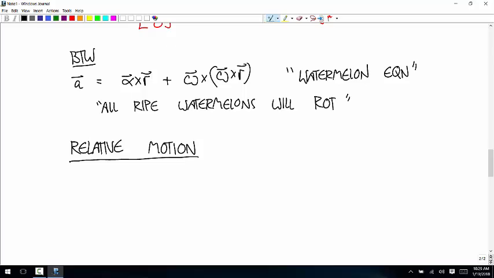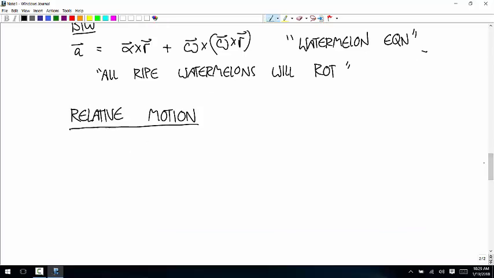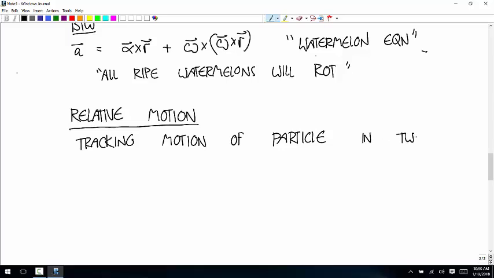Okay, so relative motion is, say that you're tracking the motion of a particle in two coordinate systems with the same orientation.